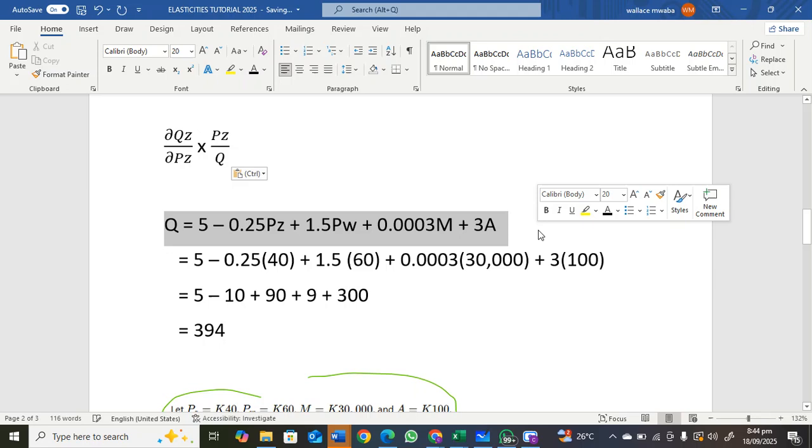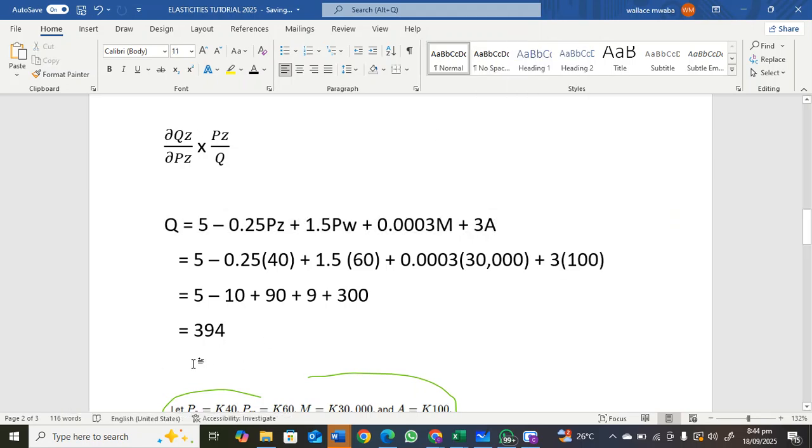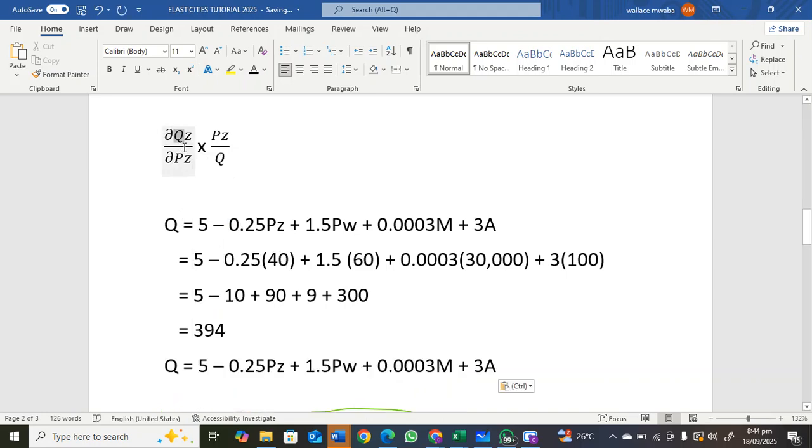We're deriving our demand function with respect to PZ. So as we derive, the only variable we are focusing on is PZ.